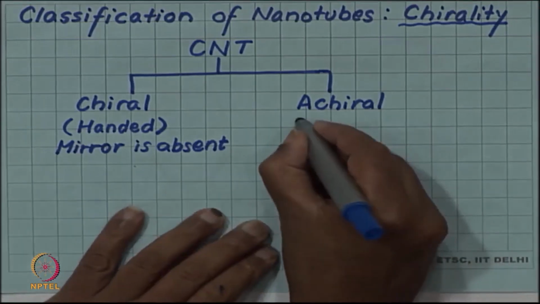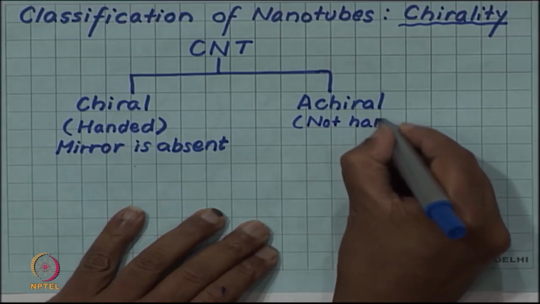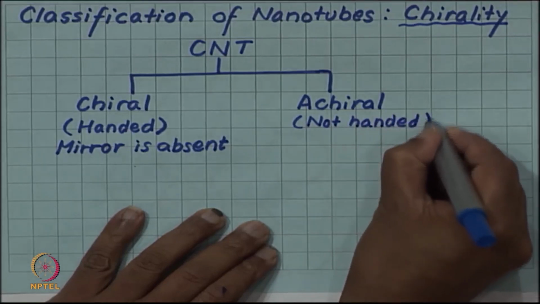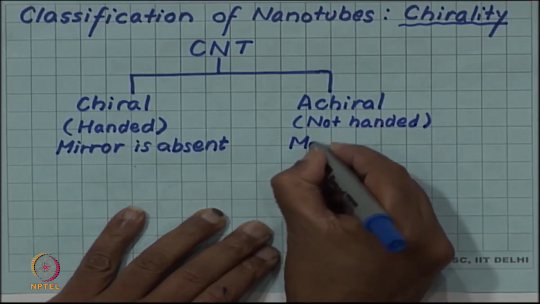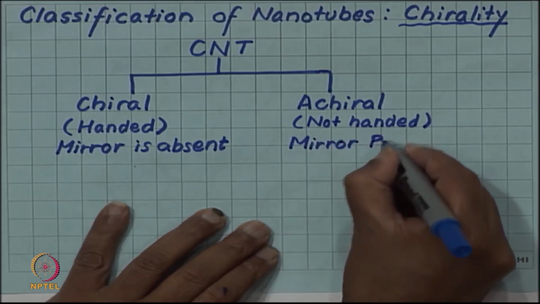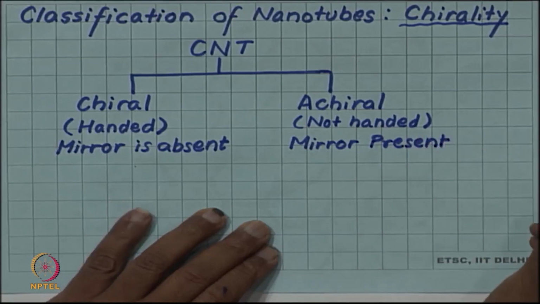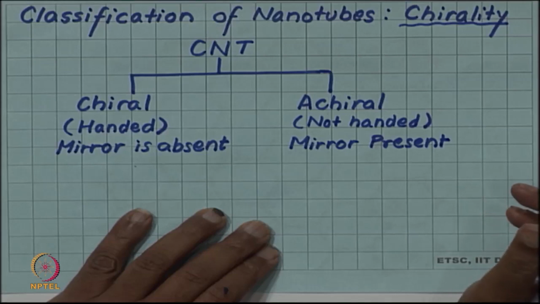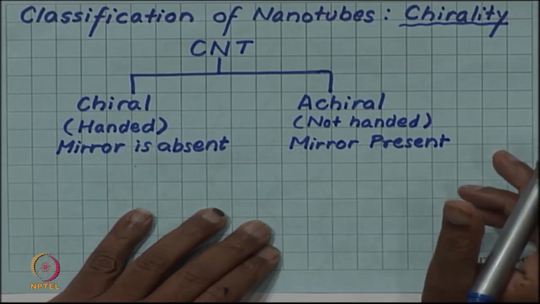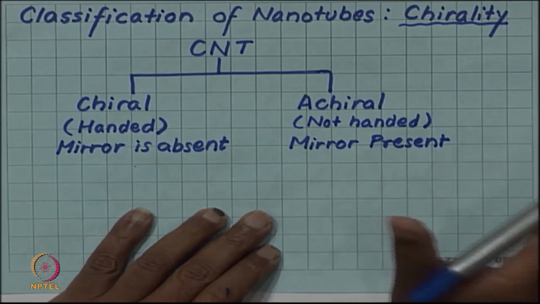Whereas achiral is not handed; in this case a mirror will be present. Think of a sphere. You do not think of a left handed sphere or a right handed sphere, and this is related to the fact that a sphere has several mirrors.